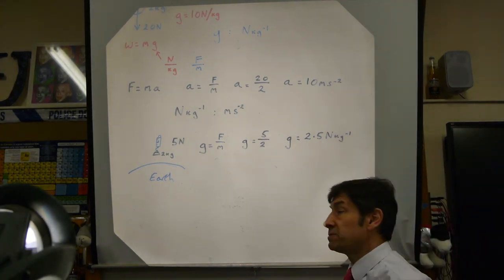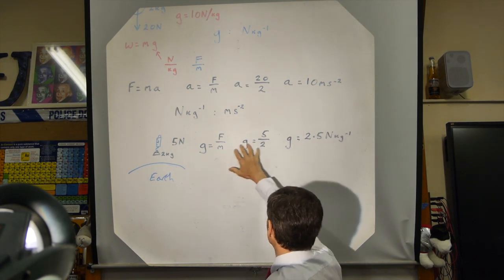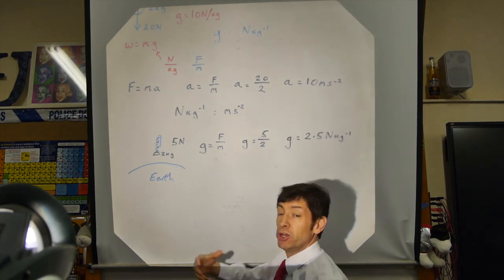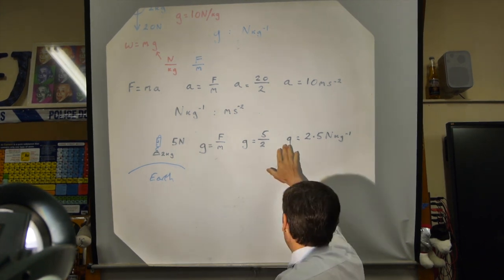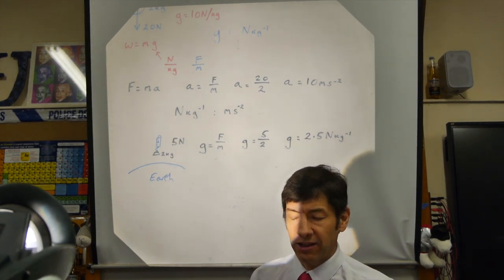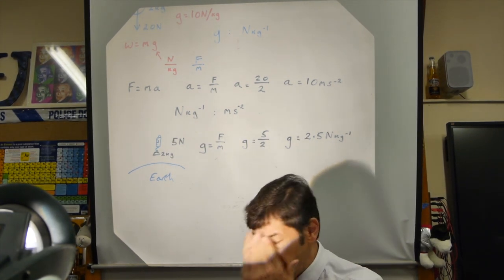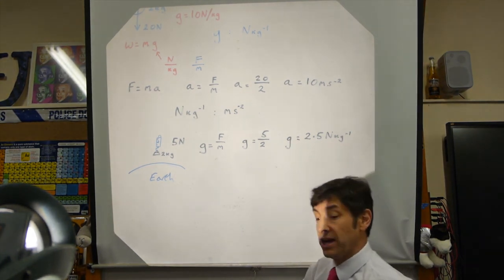But I'm making a very specific point here, that firstly, we have calculated the force per kilogram. So later on in prep and things, I might give you the g value, and I might say, what's the force on the satellite? And you've got to think, g is the force per kilogram of satellite.